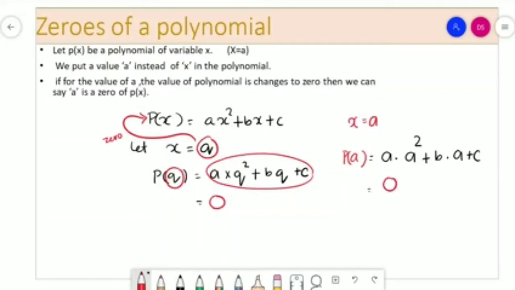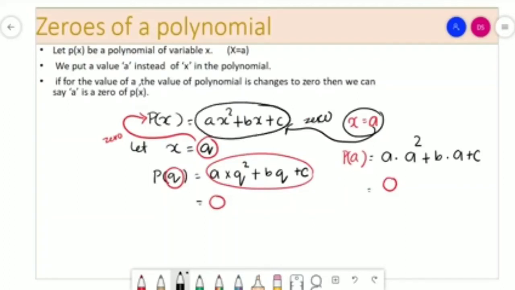So we will also say that this value of x is the 0 of the polynomial p(x), that is nothing but your ax square plus bx plus c. This is all about your zeros of polynomial.